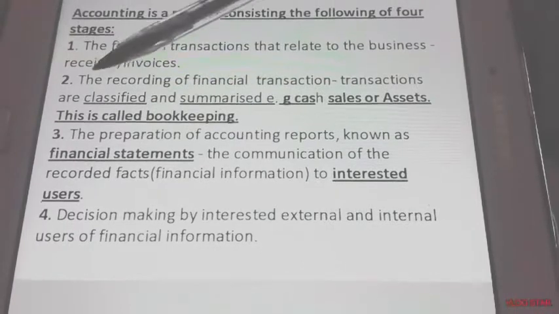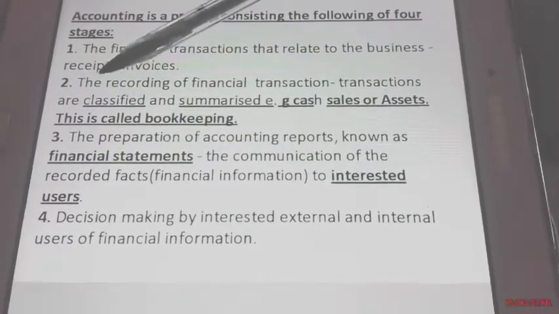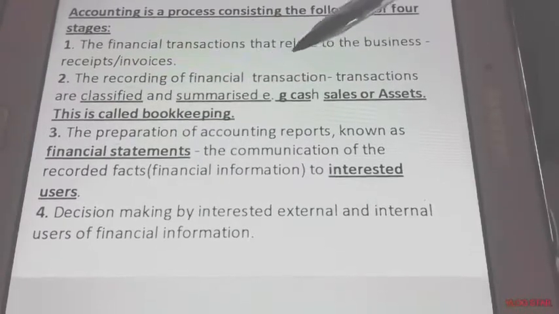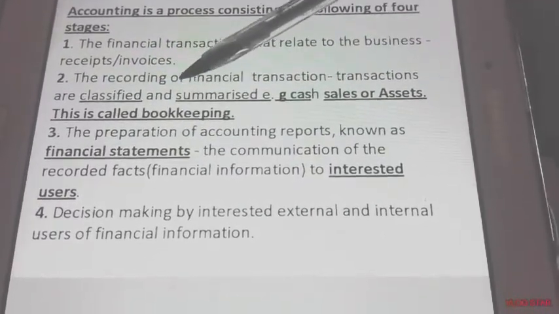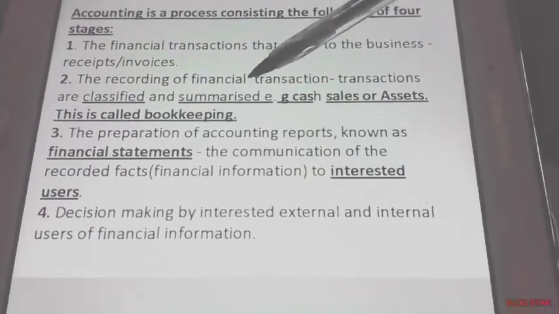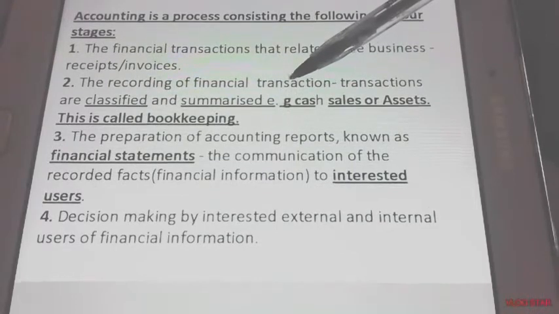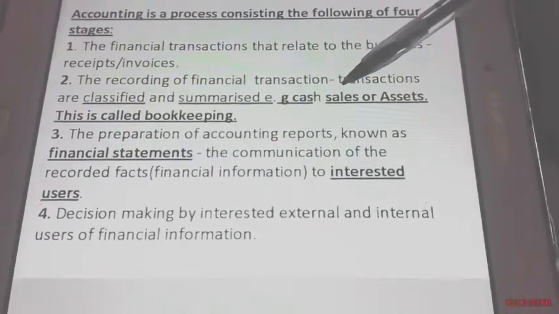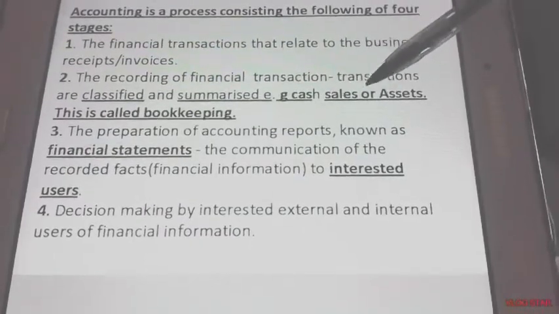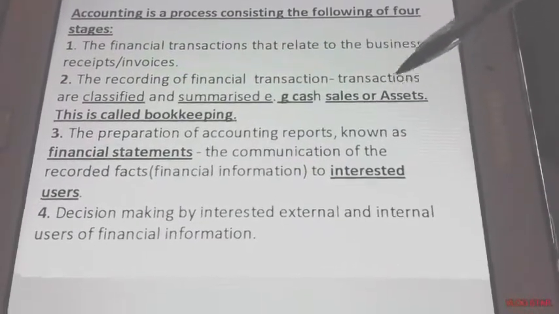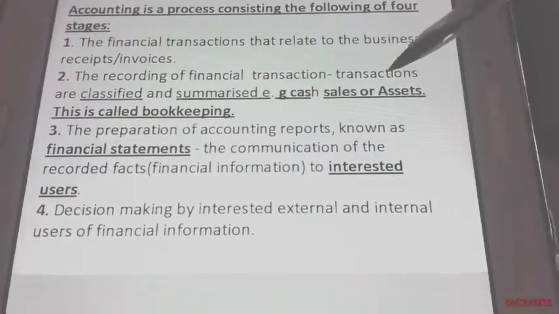The second stage has to do with the recording of financial transactions. These transactions are classified and summarized in the books. For instance, transactions that have to do with cash sales are classified in the cash sales account, and transactions that have to do with assets are classified in the assets account.